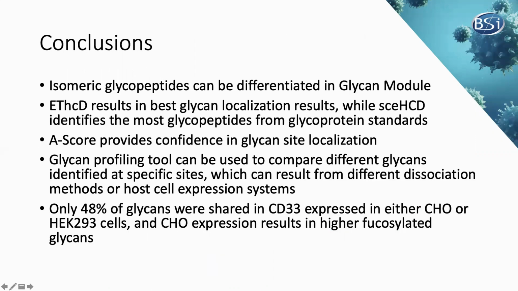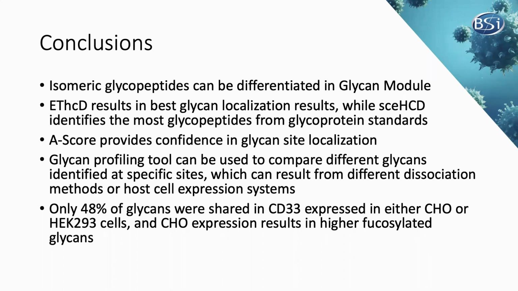Okay, so with that, just some conclusions. Isomeric glycopeptides can be differentiated in Glycan Module. EThcD results in the best glycan localization, while step collision energy HCD overall identified the most glycopeptides from the glycoprotein standard mix that was analyzed. A-score can provide users some confidence in assigning the correct glycosylation site within a peptide.